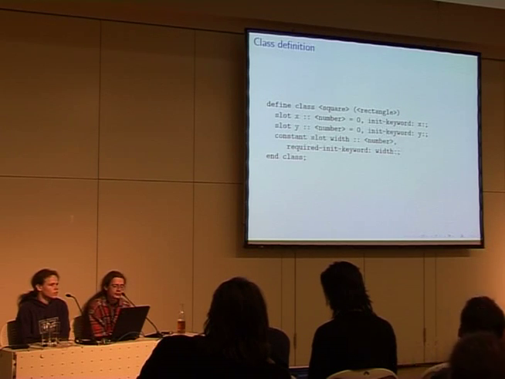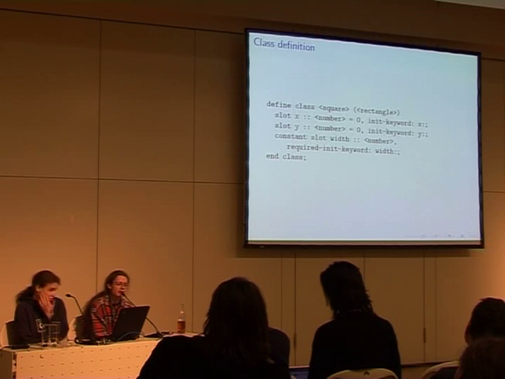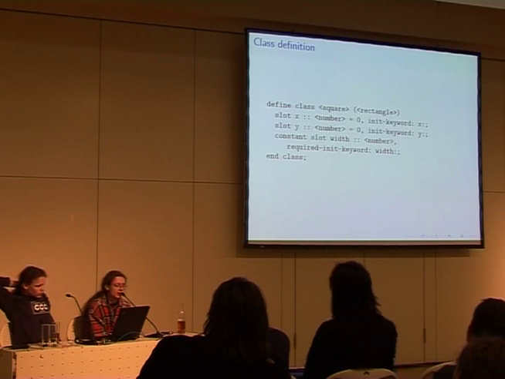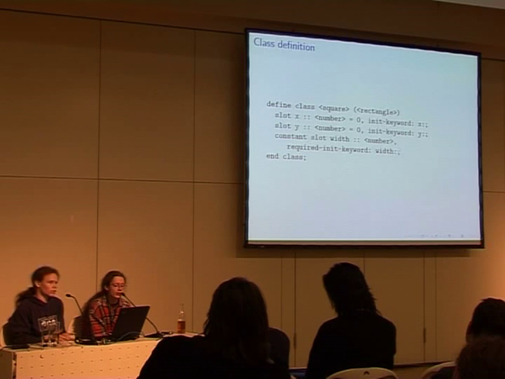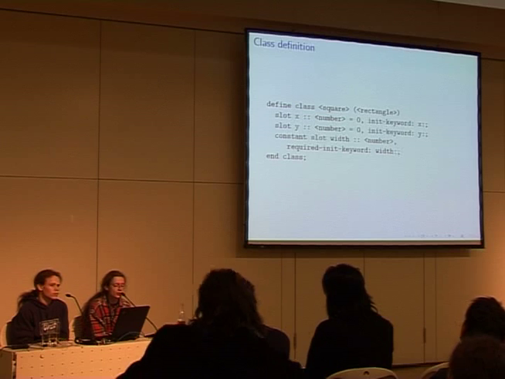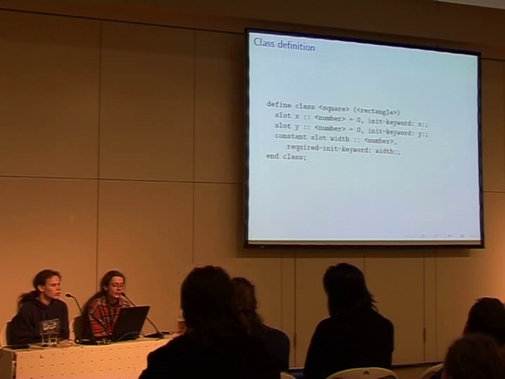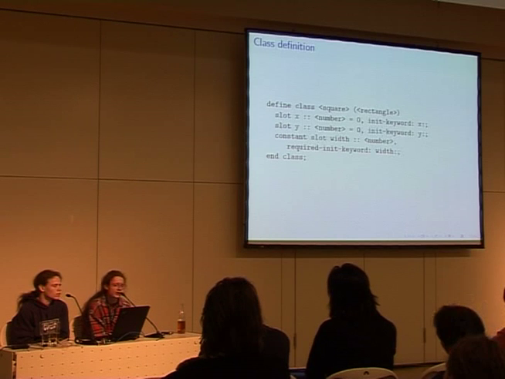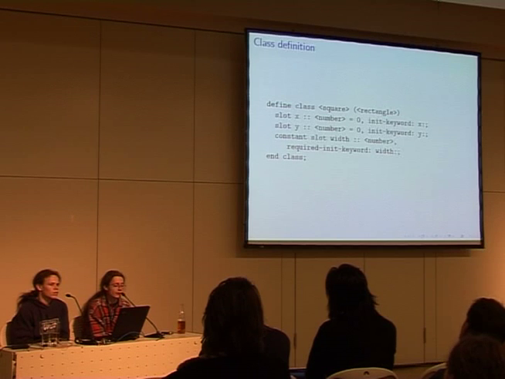And there's also another slot, and you see it also has a keyword, but it's got a required init keyword. What that means is that if you don't pass that init keyword and don't pass a value for that slot, then the system will refuse to create an instance of the object. So basically what you defined here is if you create a square, you can pass an x and a y coordinate for placing the square, but you have to pass a width, which must be a number.